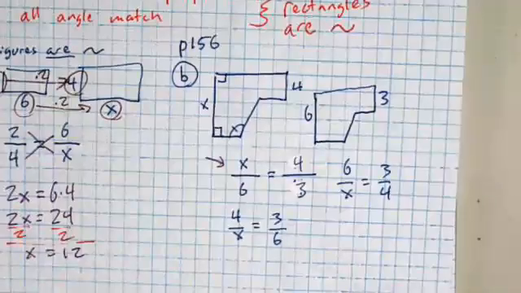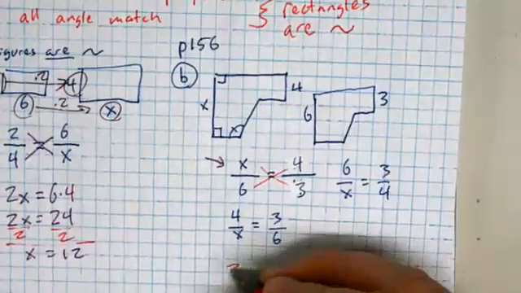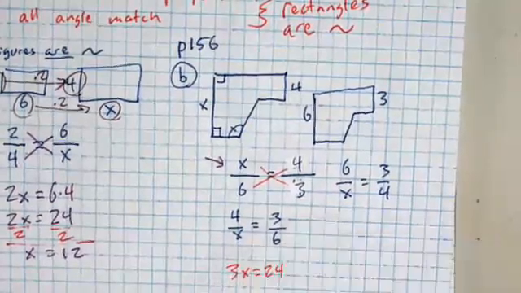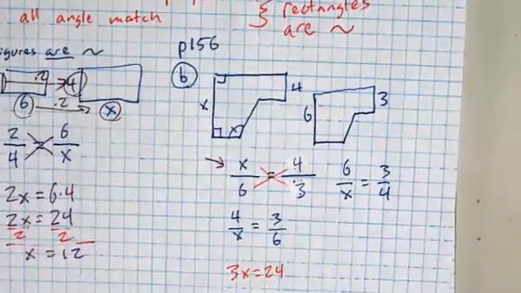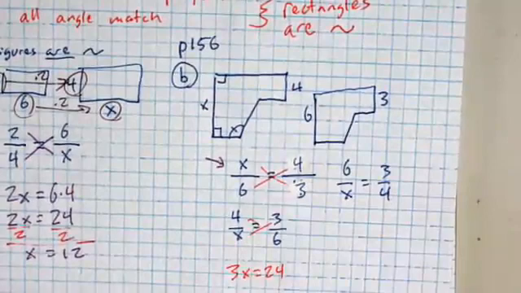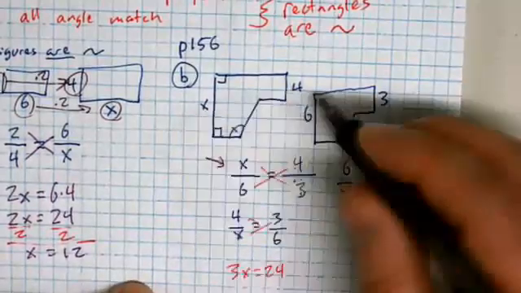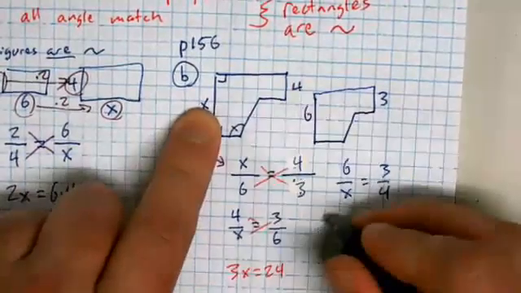In fact, just to convince you, if I were to cross multiply here, I would get 3x equals 24, right? And if I were to cross multiply here, I would get 3x equals 24, right? I could also have done x over 4.